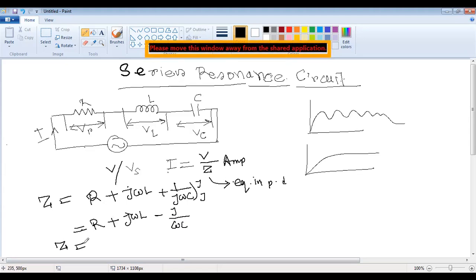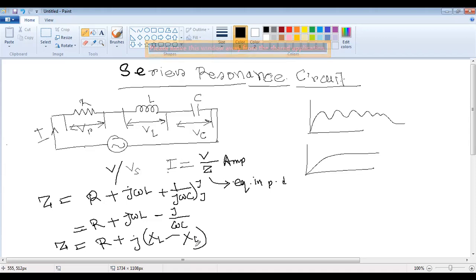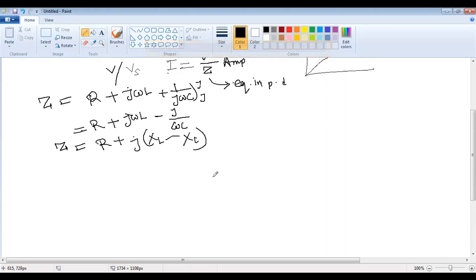So Z equal to R plus j(XL minus XC). This is called X total.